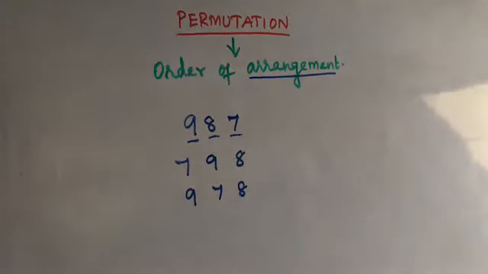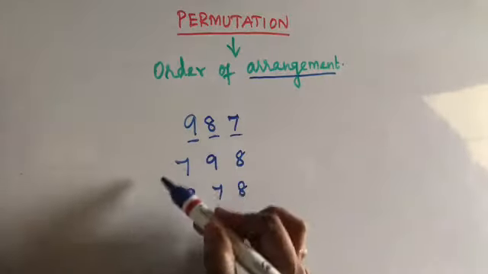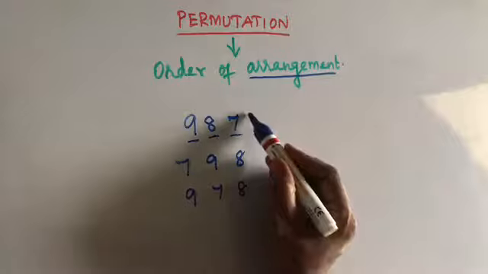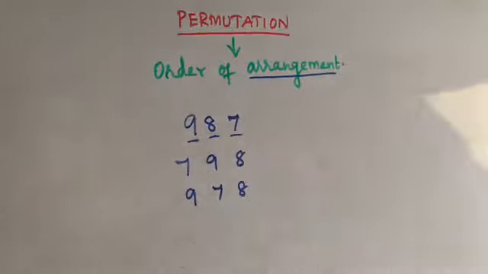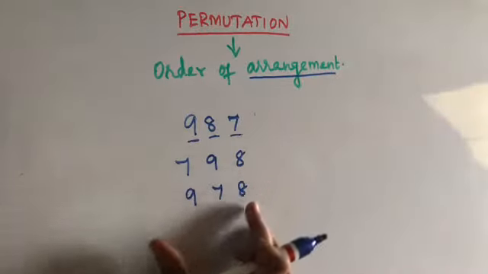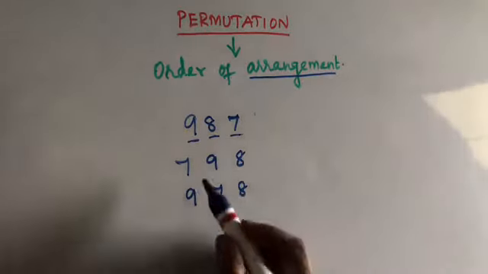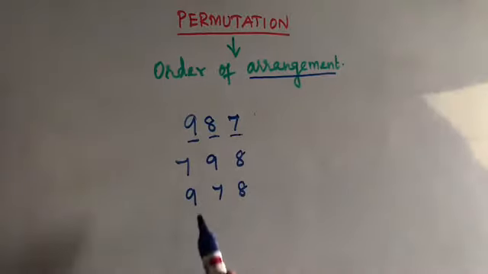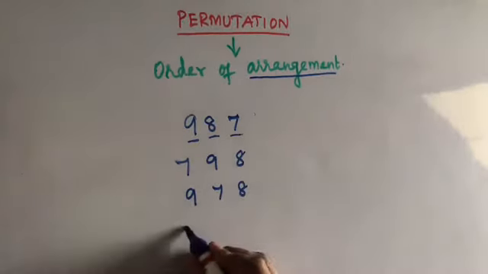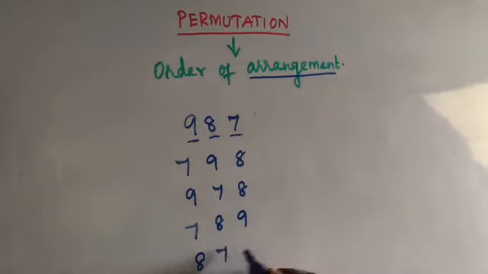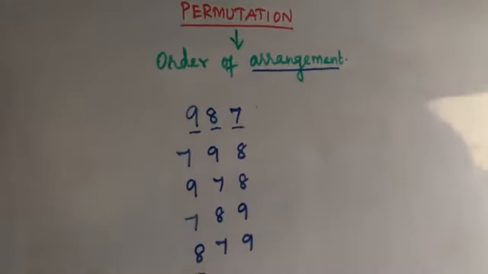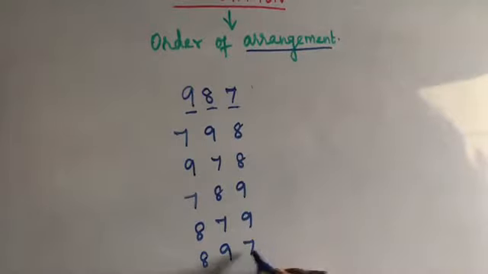Okay, so here also there are so many. With these 3 numbers, I can bring out so many arrangements such as 798, 978, 789, 879, 897.